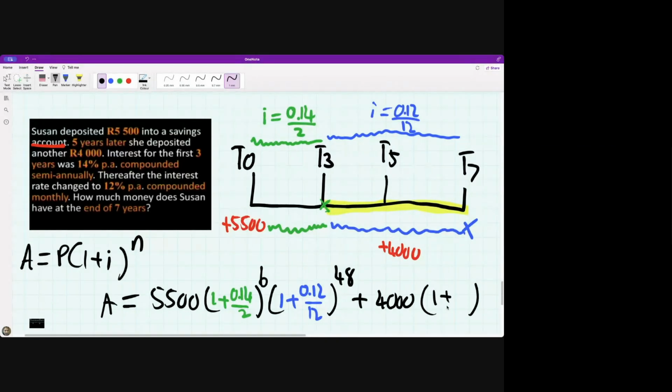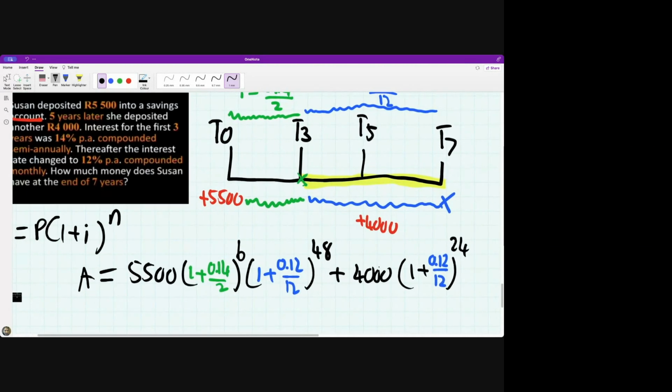If we look at the timeline, what color seems to go above the 4,000? I think it's 2 years, because remember it's in line with T5, but it's in months. It must be, let me use the blue because that will be helpful, 0.12 over 12, and then this is 2 years, but in months, so that is 24.